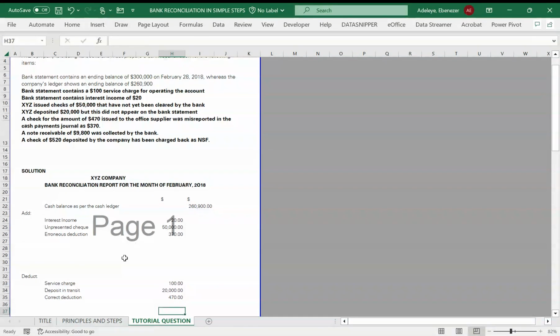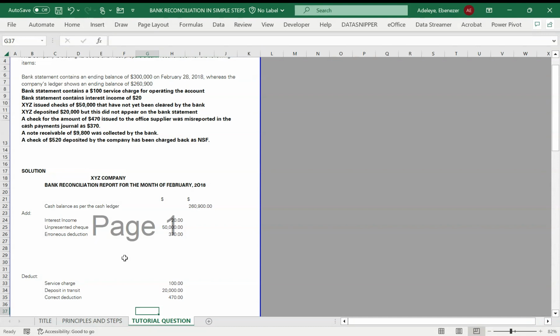The next one is a note receivable of $9,800 was collected by the bank. What does that mean? It says a note receivable of $9,800 was collected by the bank.